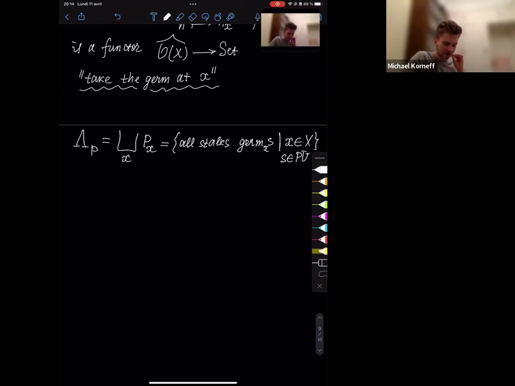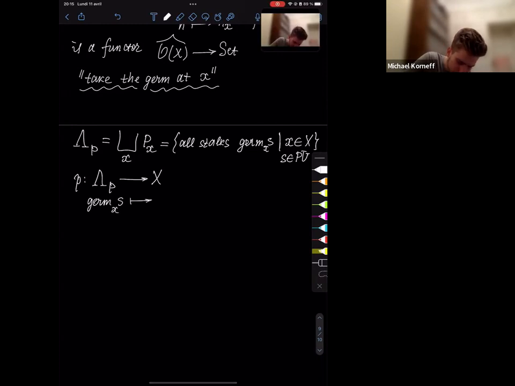And there is an obvious bundle p from Lambda P to X, and we should take germ s at x, and p of this one is just x. And also we have a section.